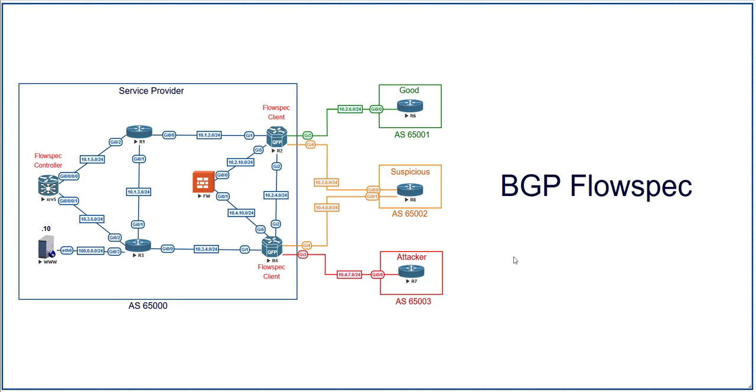This is the BGP Flowspec capability, and as you can see, it's more than RTBH. In Flowspec, you can define different match conditions like source IP, destination IP, layer 4 parameters, or features related to the packet, like the length of the packet or fragment or some other things.